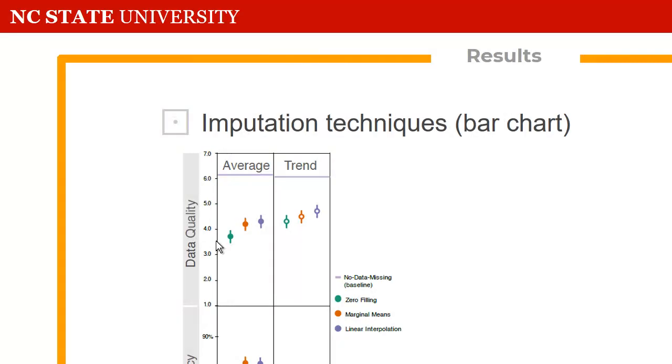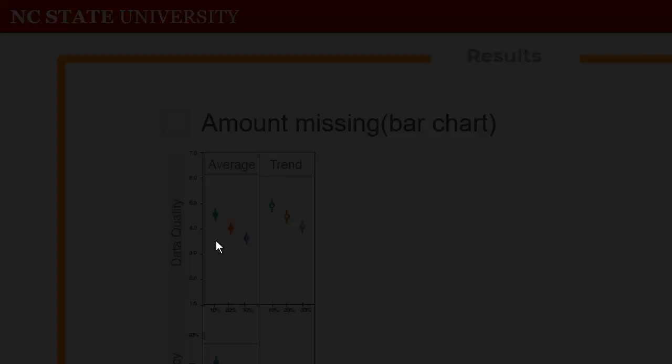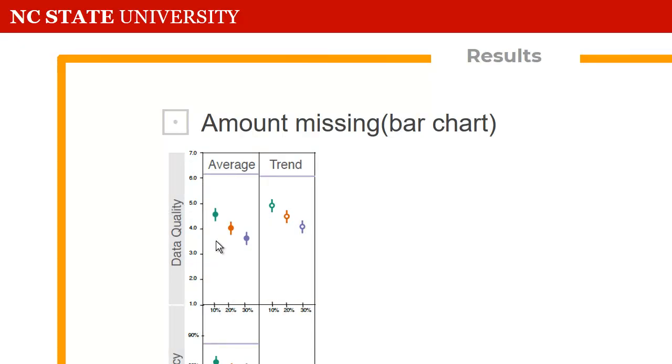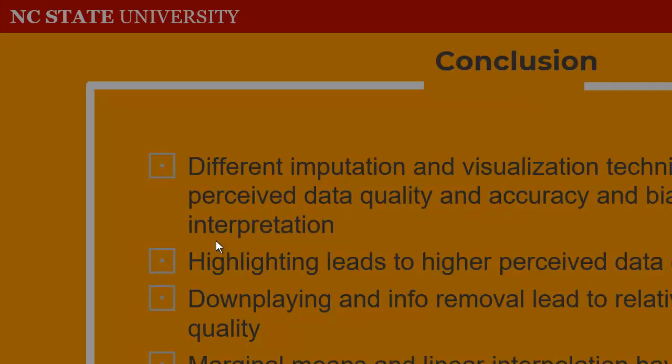And the result for imputation techniques for bar charts and line charts are the same. So you can see that zero filling has the lower data quality, and the two other techniques have higher data quality. And again, the result for the bar chart is the same as the line graph, and with an increase in the amount of missing data, the data quality decreases.